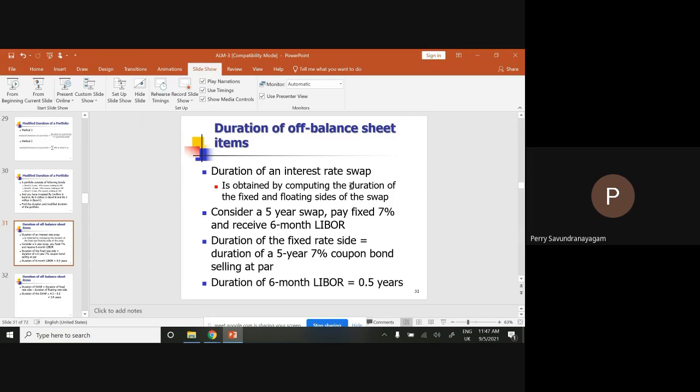duration of the curve. So 5 years with monthly payments or 5 years with semi-annual payments, which will have the higher duration? Semi-annual will have the higher duration. 5-year loan paid at maturity as opposed to 5-year coupons every year, which will have the higher duration?